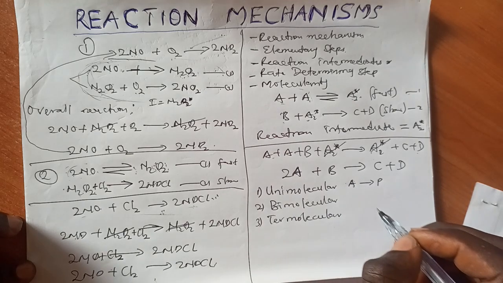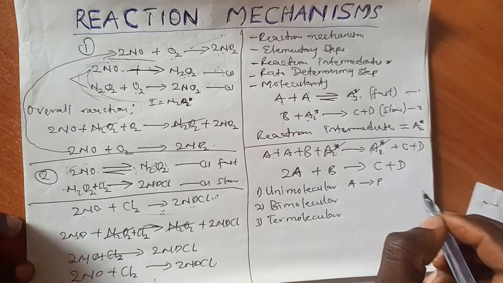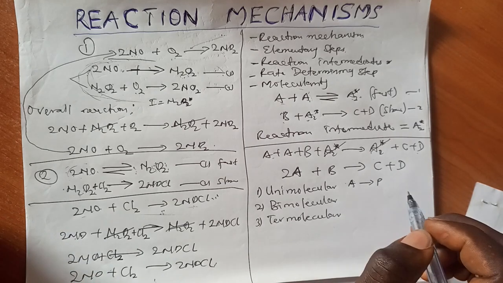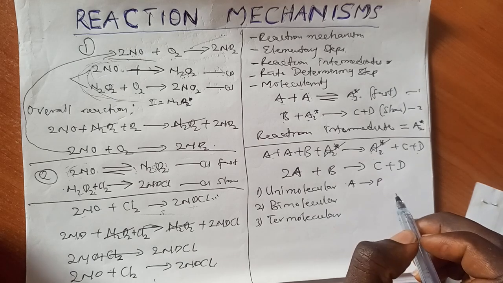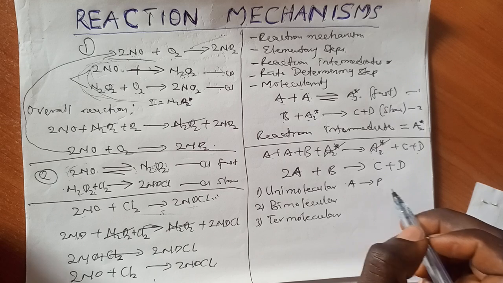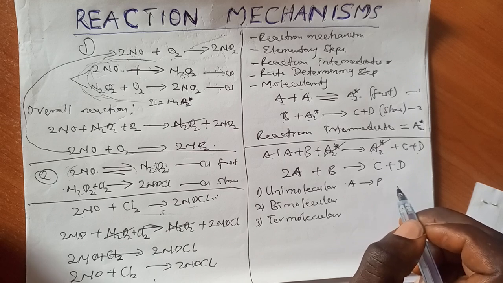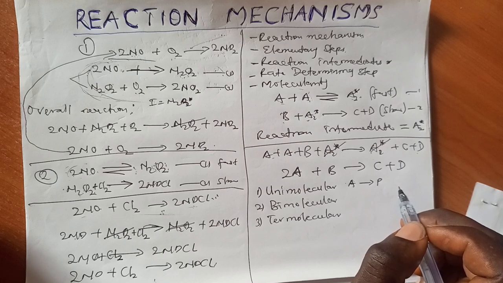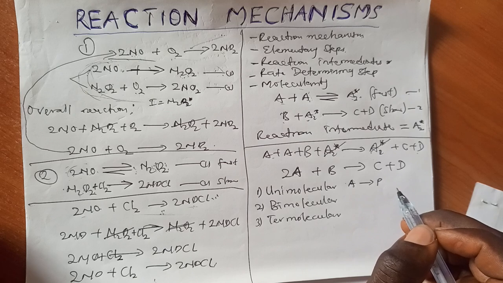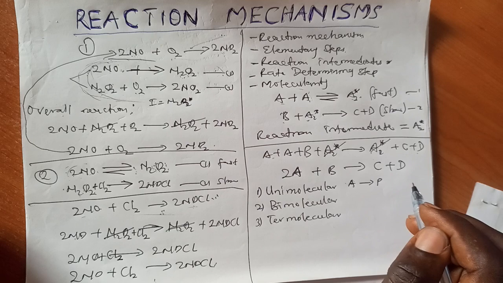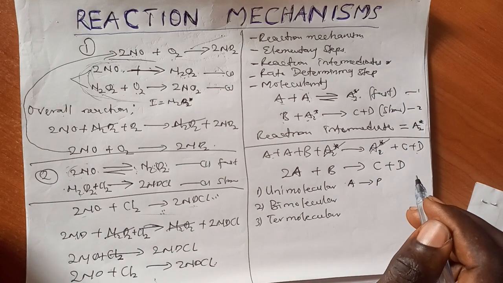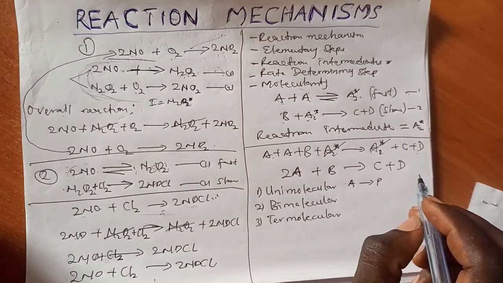Please understand that it is different from order of reaction, even though it is a first order reaction. You get order of reaction from the rate law, and rate law is experimentally determined, but molecularity is theoretically determined.